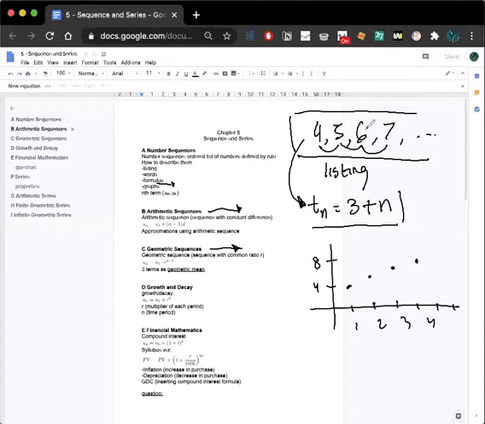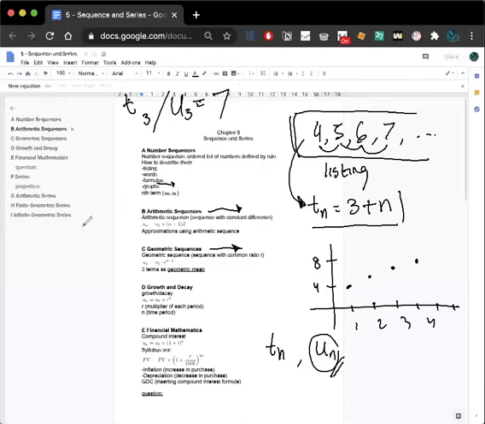Okay, so usually in sequences, we have this thing called the n-th term or the general term. It's usually written as Tn, or in IB I think it's written as Un. What this basically says is the n-th term. So for example, for this sequence, if you have T3 or U3, then that would be 7.